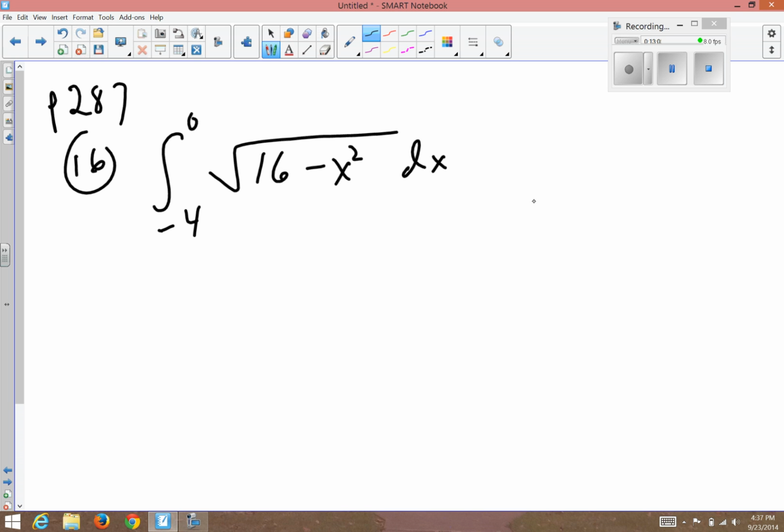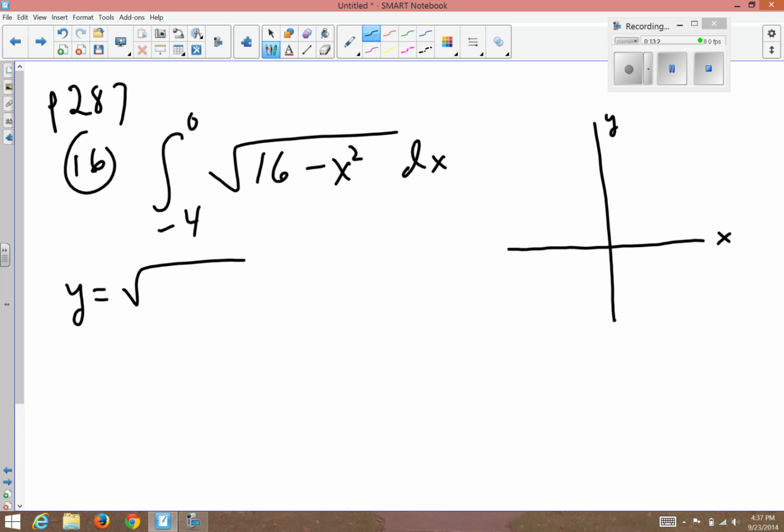It's always going to be there though. I know I need the x-axis, and the other axis can be called y as usual. We need to see y equals the integrand. That means y equals the square root of 16 minus x squared.